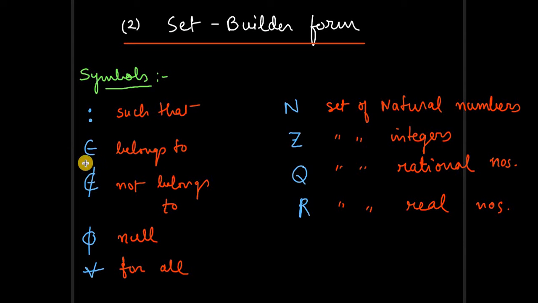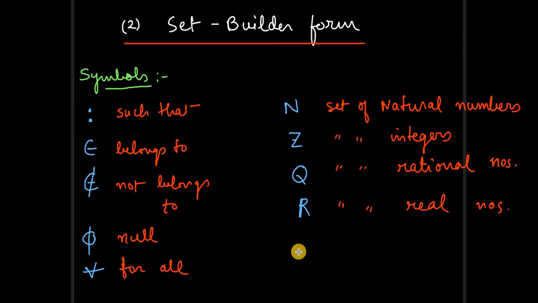This symbol is known as belongs to, this is known as not belongs to, this is known as null, and this is known as for all. Now we have certain more symbols: capital N means set of all natural numbers, capital Z means set of all integers, capital Q means set of all rational numbers, capital R means set of all real numbers.